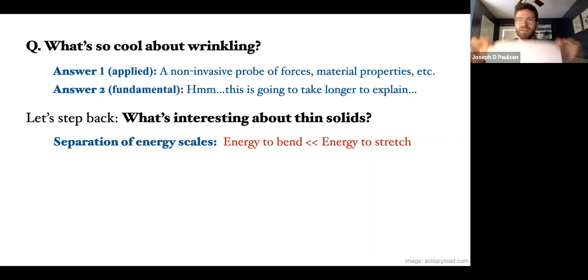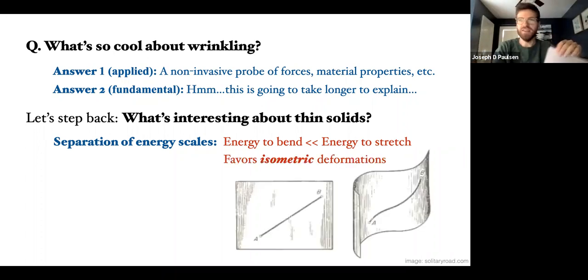So for any material, if you make it much thinner than it is wide in its lateral dimension, you'll get the separation of energy scales, where the material will become very easy to bend in relation to how hard it is to stretch the material. And one very important fundamental result of this is that sheets like to form isometries.